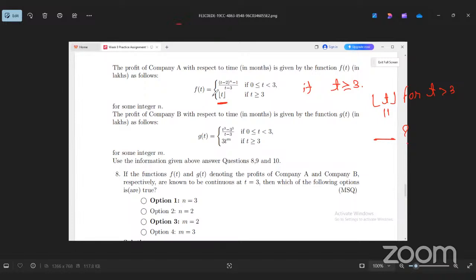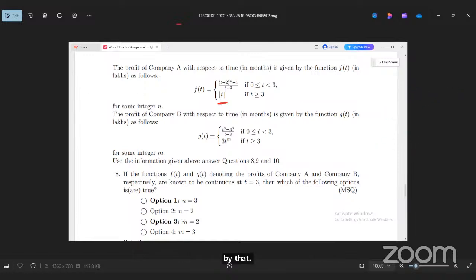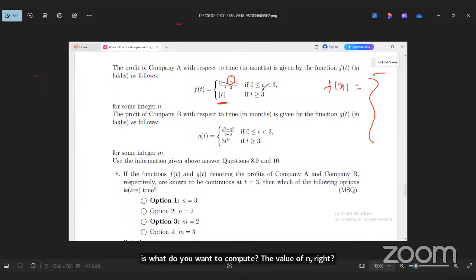So what you can do is elaborate this function. So f of x you can write in terms of, what do you want to compute? The value of n, right? The piecewise function is given for 0 to 3 and 3 is greater than 0.